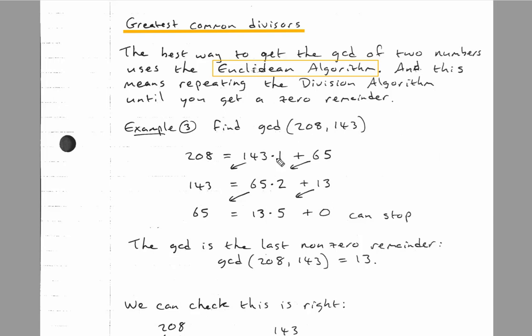Now repeat that with these two numbers. 143 divided by 65 next. Quotient is 2, remainder is 13. And repeat. 65 divided by 13. Quotient is 5, and now the remainder is 0.